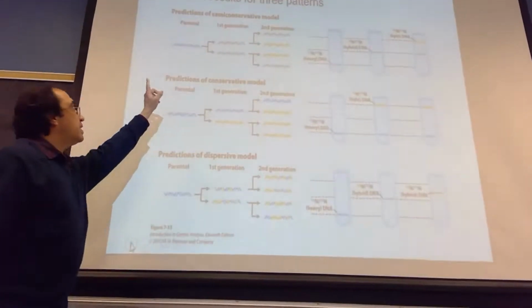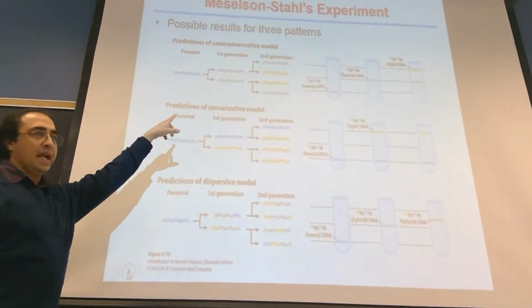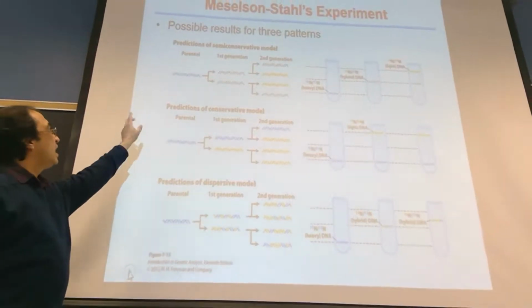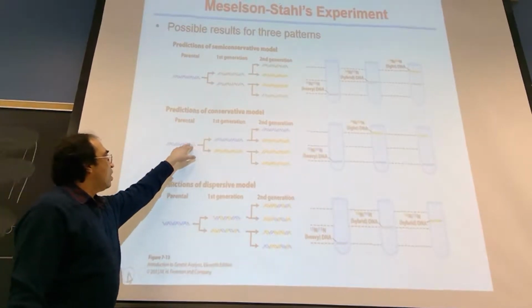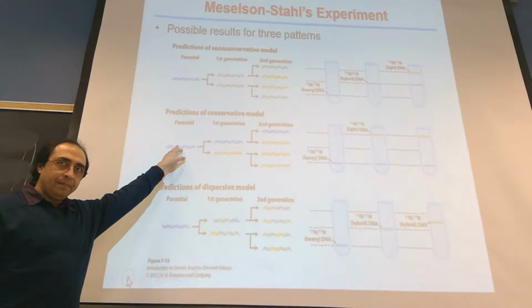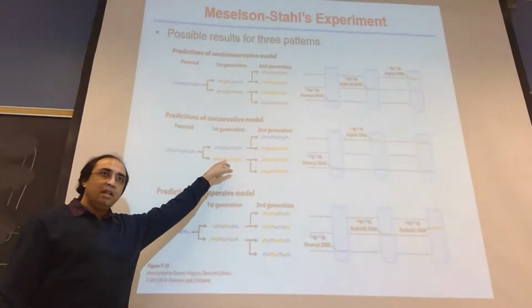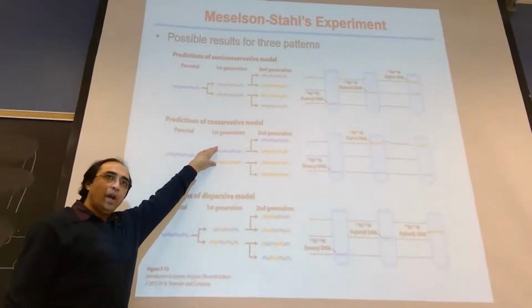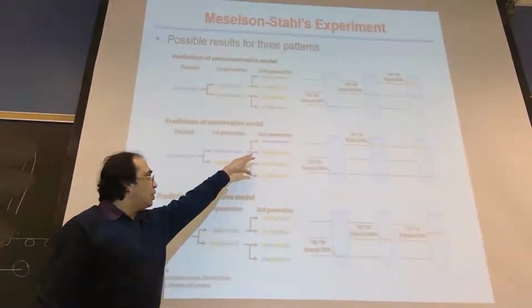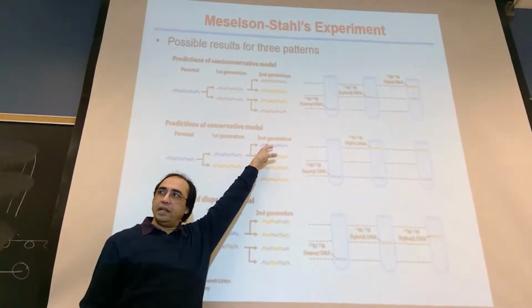Now, if it is the conservative mode of replication, after 2 cycles, this is our parental DNA, that is 15N DNA. The new one is 14N. So these two DNA will form the new DNAs. So we will find 3 14N DNA and 1 15N DNA, right?